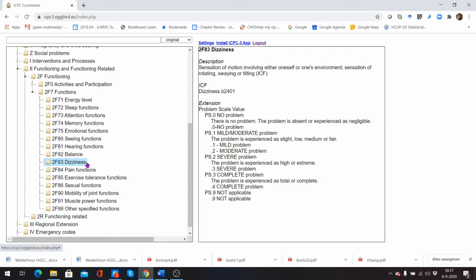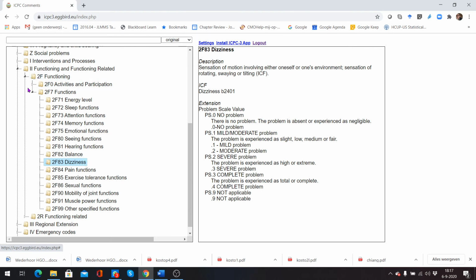For instance, dizziness as a problem in a function can be used descriptively to understand the extent to which a person experiences dizziness as a problem. Without coding the restriction, the dizziness is only a textual element. In this example, we recommend to code the complaint as reason for encounter and to code the function dizziness for the registration of the severity.